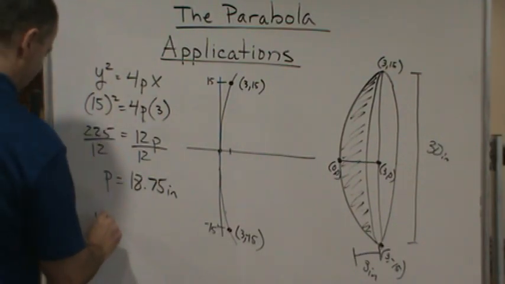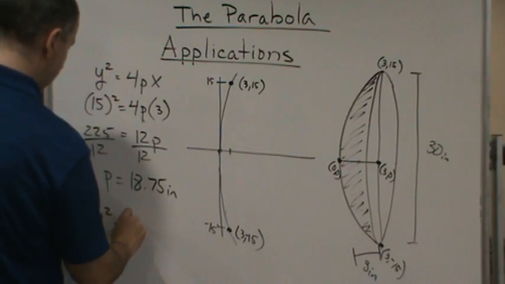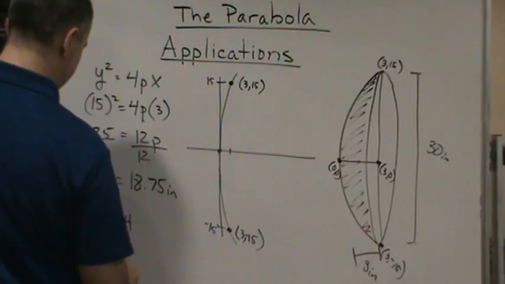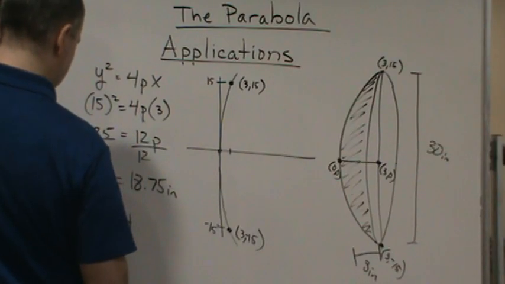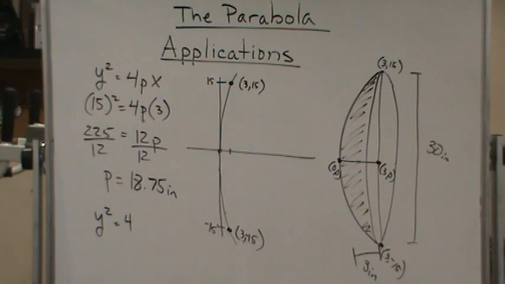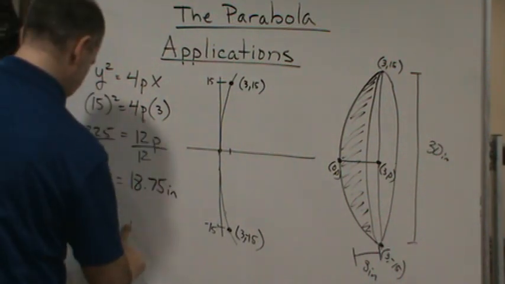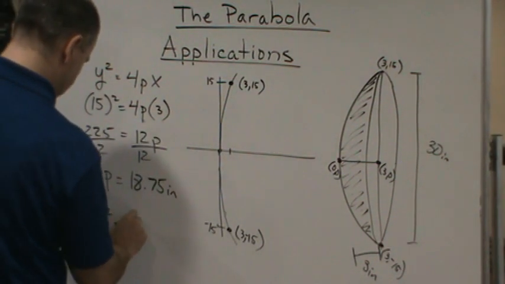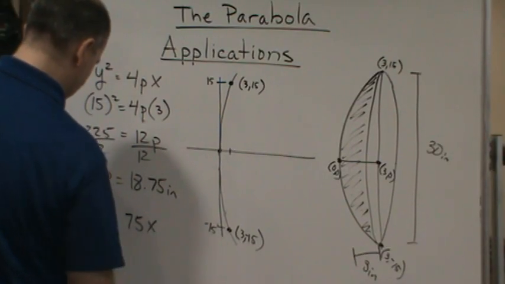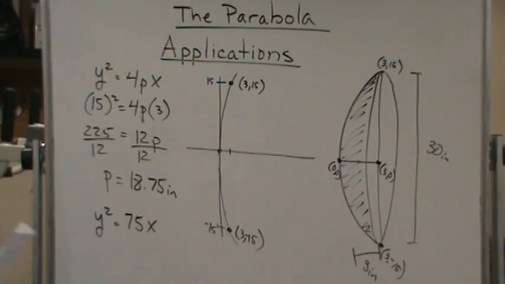It's going to be y squared equals 4 times 18.75. So let's calculate that. So 75x. So that's going to give us y squared equals 75x. All right, cool. Now, so that's part of the problem. So we solved the equation that represents the curve of this cross section of the dish.